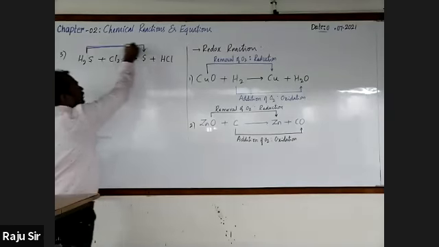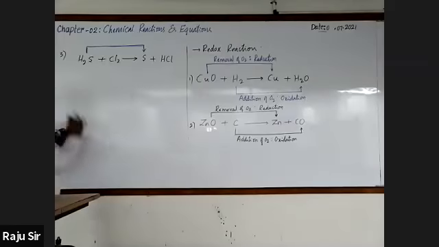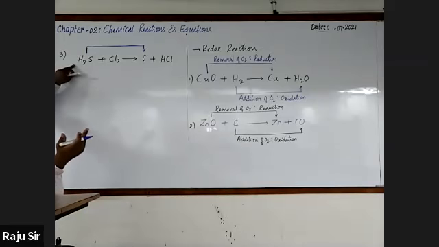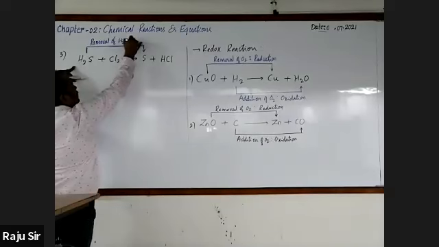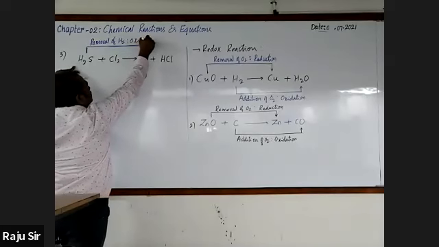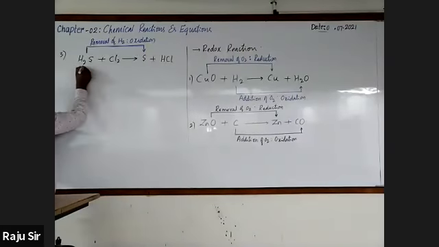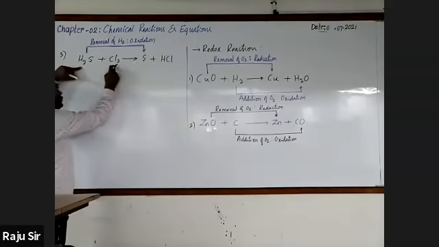As hydrogen is removed from the substance, it is called oxidation. Removal of hydrogen, it is called oxidation. And this removed hydrogen is added to chlorine.